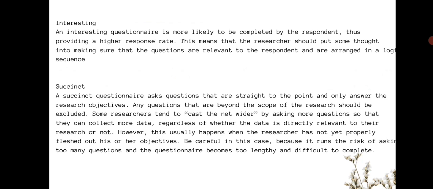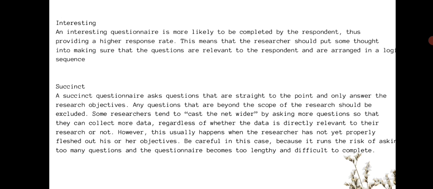Succinct. A succinct questionnaire asks questions that are straight to the point and only answer the research objectives. Any questions that are beyond the scope of the research should not be included. Some researchers tend to cast the net wider by asking more questions so that they can collect more data, regardless of whether the data is directly relevant to their research or not.